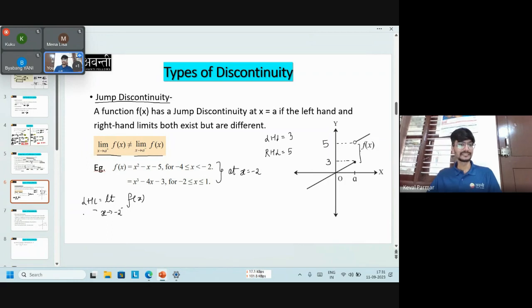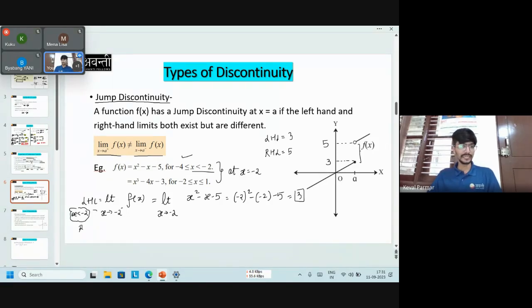This means x is less than -2, so we use this definition: limit of 2x squared minus x minus 5. No indeterminate form, we just substitute -2. So 2 times (-2) squared, minus (-2), minus 5: 8 plus 2 minus 5, gives the left hand limit as 3.